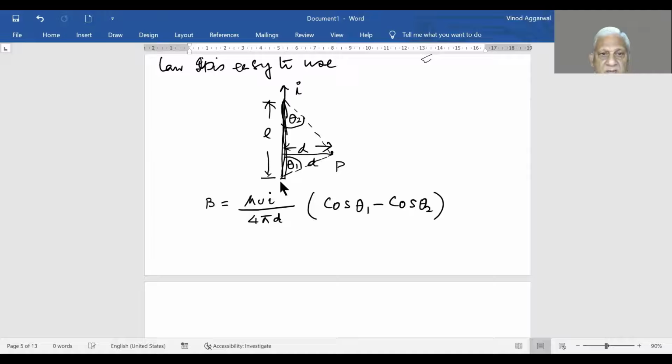Theta 1 is the angle which this line makes with the conductor, and so is theta 2.